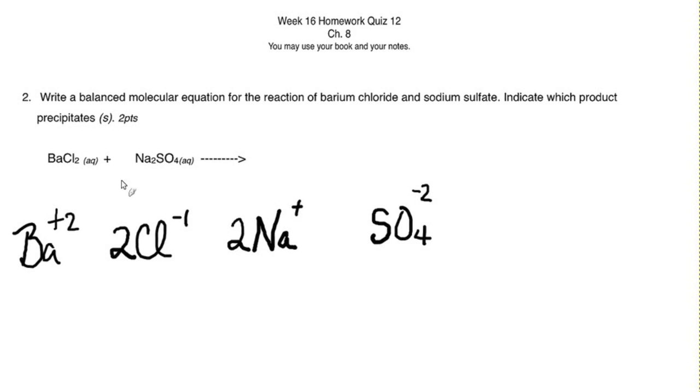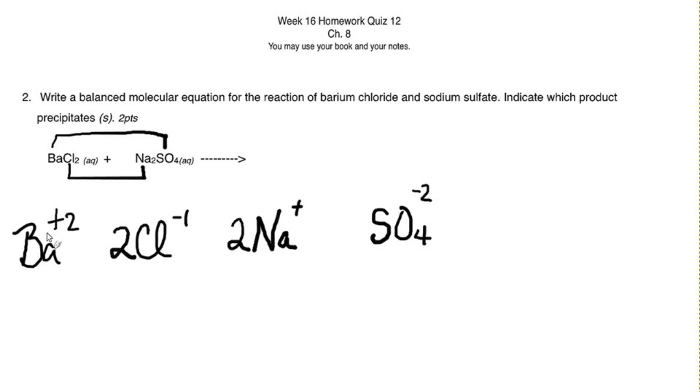Now we look at this and we're trying to decide what are the possible products from this reaction. This is known as a double displacement, which means that the cations and the anions can swap and form 2 new possible products.